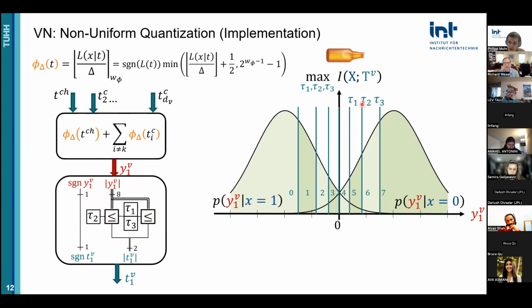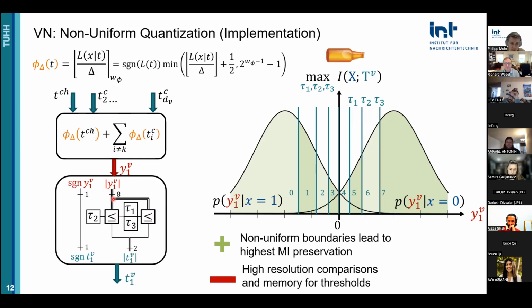So we compare against this middle threshold level and see if we are on the left or right. Then we need a second comparison to see if we are left or right of tau 1 or tau 3. This is just the introduction to explain where complexity arises in the non-uniform quantization approach. On the next slide, I will show a solution which can get rid of this complexity without much performance degradation.